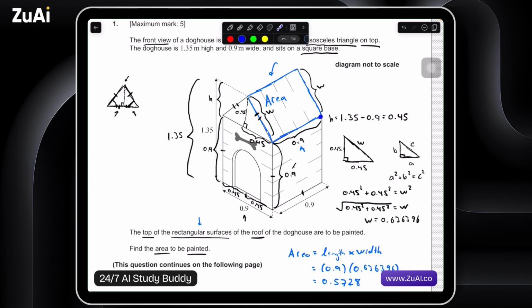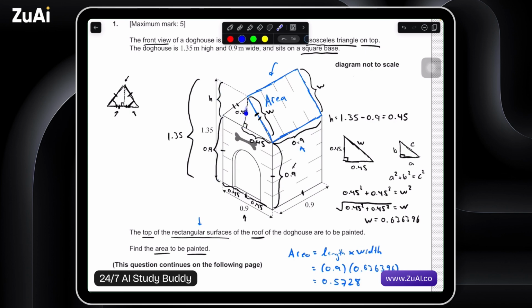We already have this base right here, or this length, but we don't have this w, or the width, the slant height essentially. But we do have the total height, and we do have 0.9, which again, we need to find, given that this is a square. And then lastly, if this is 1.35, this is 0.9, we have to travel a little distance more, 0.45.